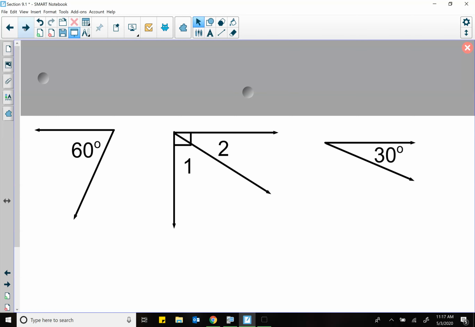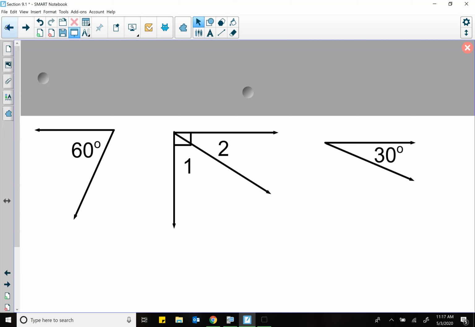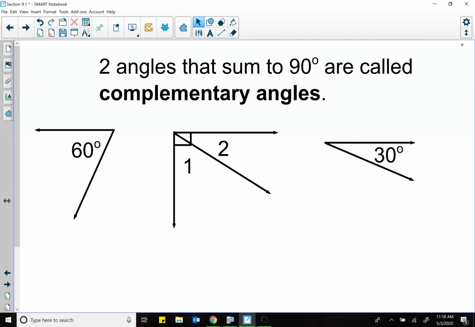If you see these angles in here, versus these right here, we have two different types, again straight from geometry. Notice that we've got this right angle symbol right there; that little box means right angle. So angle 1 and angle 2 make up this right angle, and then we've got 60 degrees and 30 degrees. Anything special about these? Absolutely. They are what we call complementary angles.